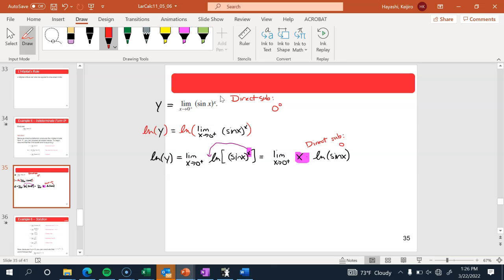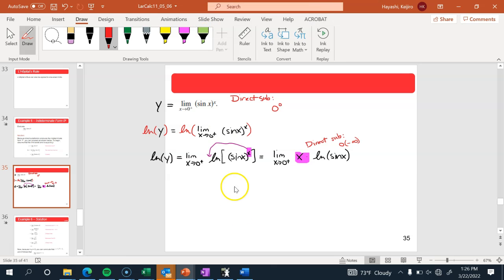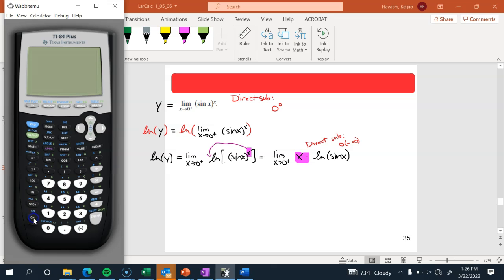Now, if you plug in 0 into sine, that's 0, and the natural log of 0 is actually negative infinity. You can tell that if you look at a graph of the natural log of x. As x approaches 0 from the positive side, this goes down forever.